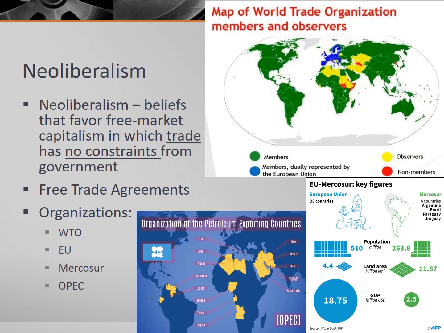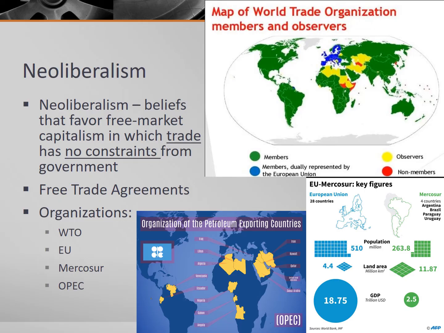So privatization and deregulation are key components of neoliberalism. Basically, the idea behind neoliberalism is that by removing barriers to trade, there will be higher standards of living, fewer tensions between countries, and it will support the diffusion of democracy and basic human rights.